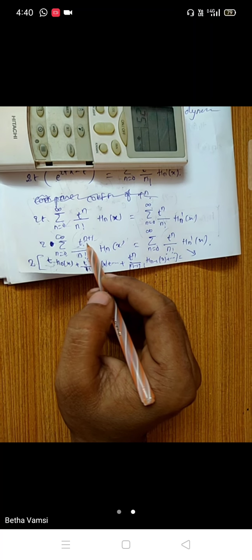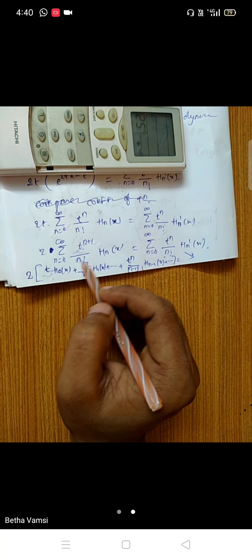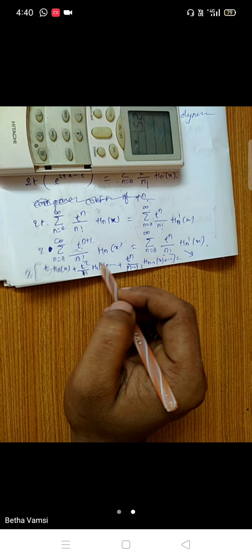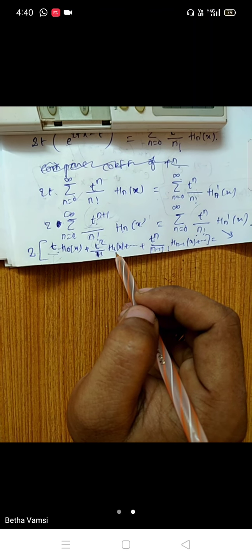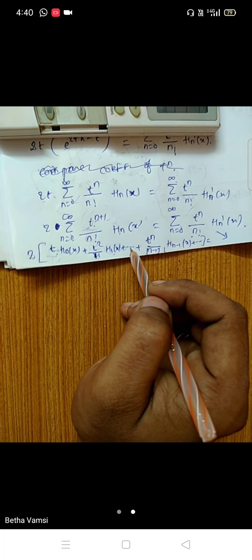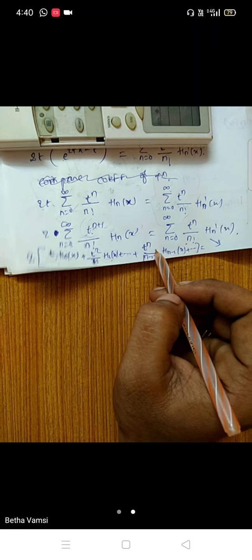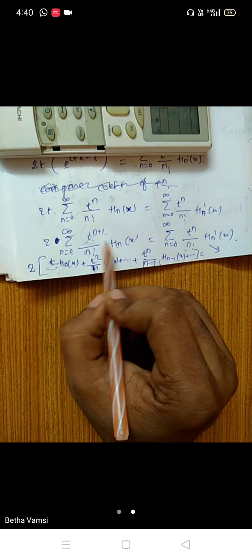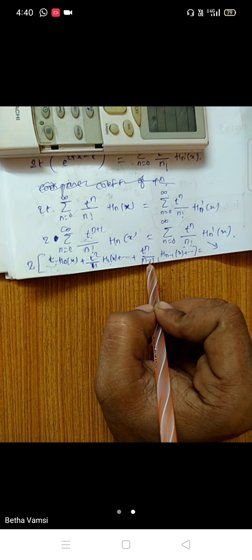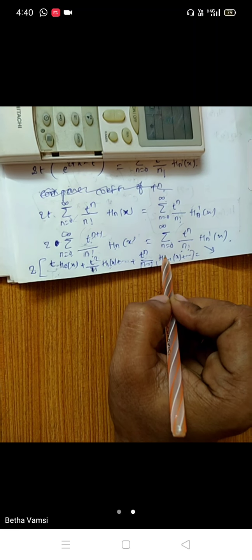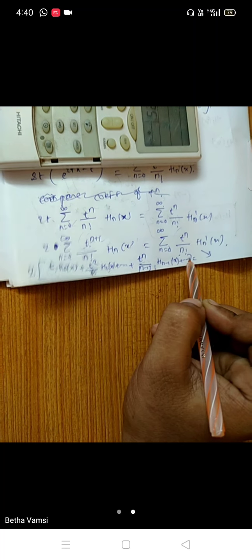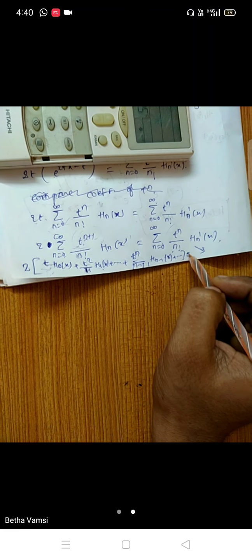Okay, so next put n is equal to 1, then you get t square by 1 factorial into H1 of x, plus up to and so on. So if you want to get the t power n, you will get it at the n minus 1 term, right? So t power n divided by n minus 1 factorial H n minus 1 of x. Okay, so as it is, which is equal to the right hand side term.